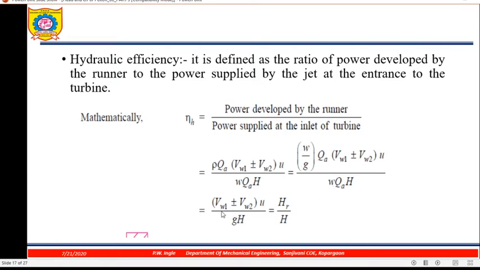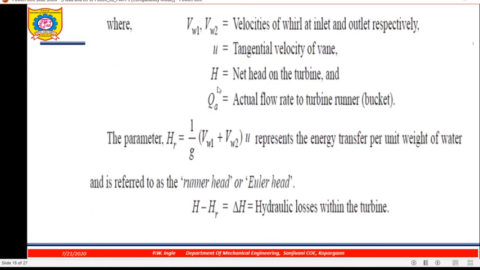So finally you are getting (Vw1 ± Vw2) into u upon g into H, which is nothing but H_R by H, where H_R is 1 by g (Vw1 + Vw2) into u. Vw1 and Vw2 are the velocities of whirl at inlet and outlet, u is the tangential velocity of vane, H is the net head on turbine, and Q_A is the actual flow rate to the turbine runner. This is known as Euler head. And H minus H_R is nothing but hydraulic losses within the turbine.